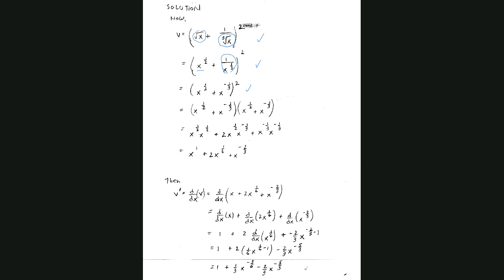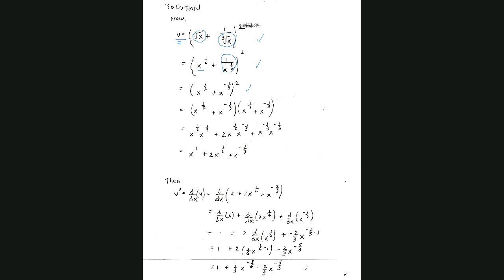If I'm going to apply the power rule for derivatives, then I have to rewrite this function v. You notice I'm not taking the derivative yet. I'm going to rewrite the function v so that it's in a nice form, and then once it's in the nice form, I'll take the derivative. So at this stage, I'll just write x to the half power plus x to the negative third power, the quantity squared.